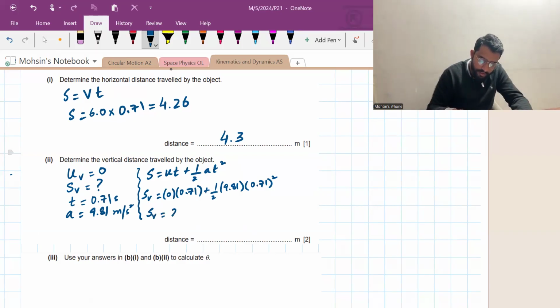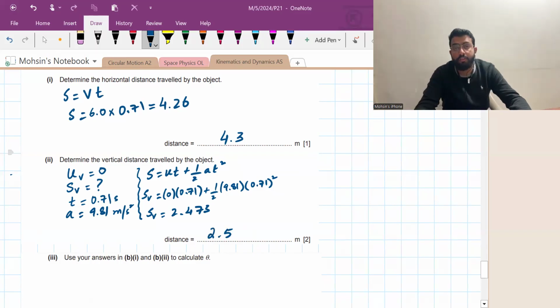So the vertical distance is 2.473. So I can write 2.5 here. So the vertical distance which the ball is covering is 2.5. Hope it is clear. If it is not clear, you can mention it in the comment. I will try to explain it in some other video or in the comment as well if it is possible there.